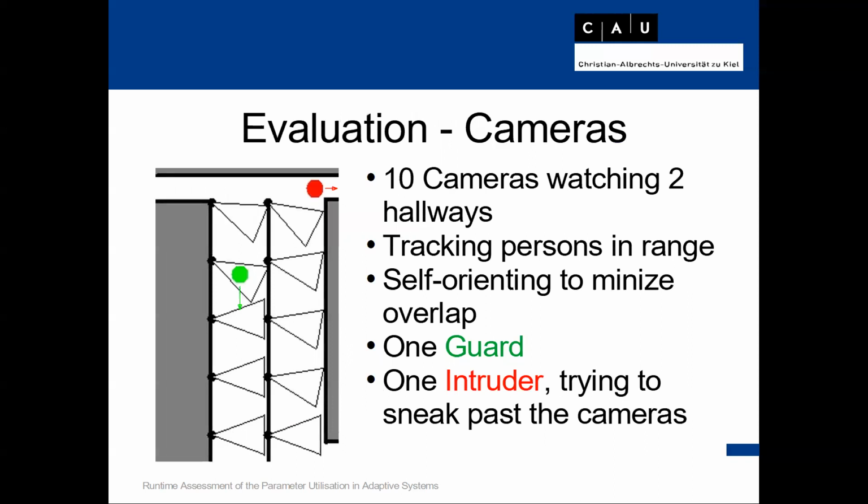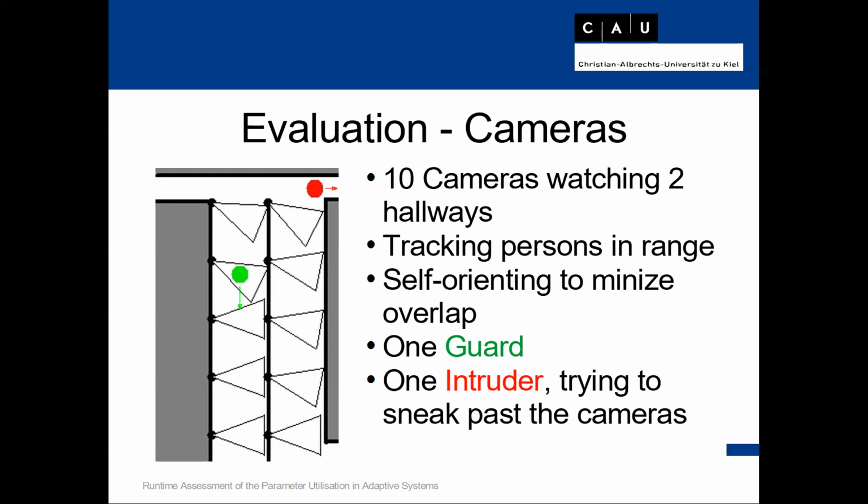Scenario 1, the cameras. We have 10 smart cameras watching 2 hallways. The picture shows it. The small black circles are the cameras, 5 on each left wall of the 2 hallways. The triangles are the view range, the viewport of the cameras.